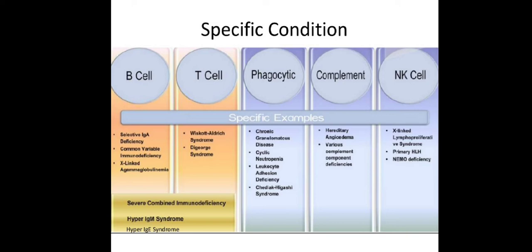Common to both B and T cell affected diseases: severe combined immune deficiency, hyper IgM syndrome, hyper IgE syndrome. Phagocyte disorders: chronic granulomatous disease, cyclic neutropenia, leukocyte adhesion deficiency, Chediak-Higashi syndrome. Complement disorders: hereditary angioedema and various complement component deficiencies. NK cell disorders: X-linked lymphoproliferative syndrome, primary HLH, and others.